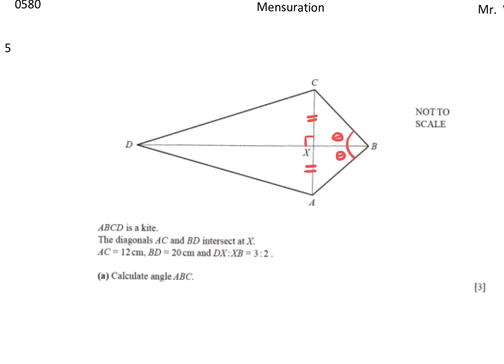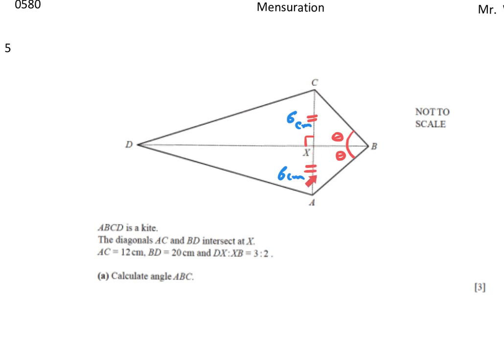Sir, if AC equals 12 centimeters, then from X to C equals 6 centimeters. So you mean because BD bisects AC, this is 6 centimeters and this is 6 centimeters. Am I right? Yes, sir. Okay.